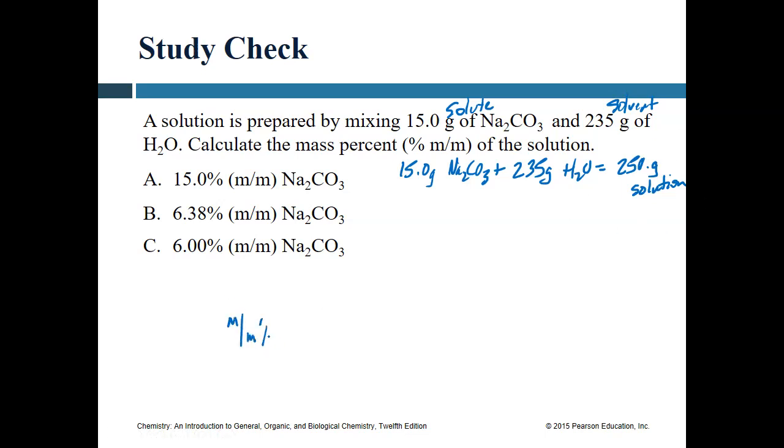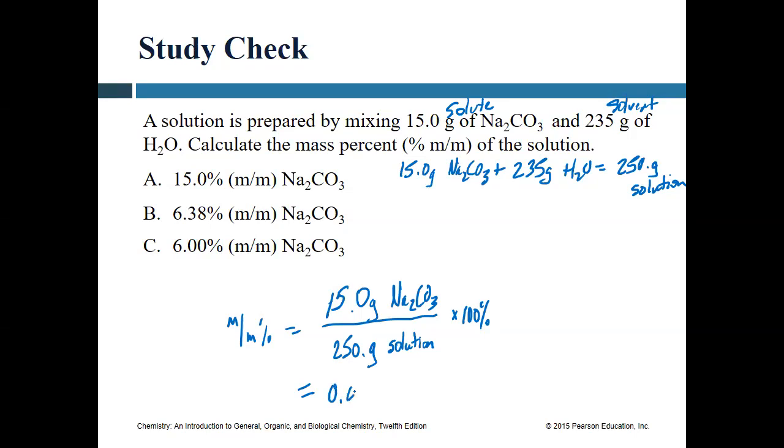This is going to be my denominator. So mass by mass percent is going to be equal to the grams of the solute, 15.0 grams of sodium carbonate, divided by 250 grams of solution, multiplied by 100%. 15 divided by 250 gives me 0.060.